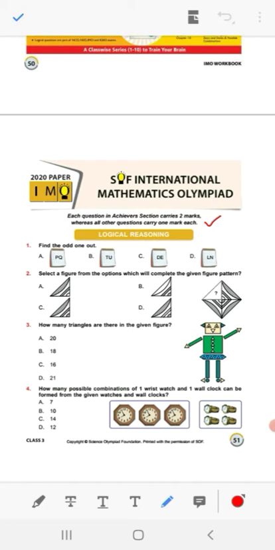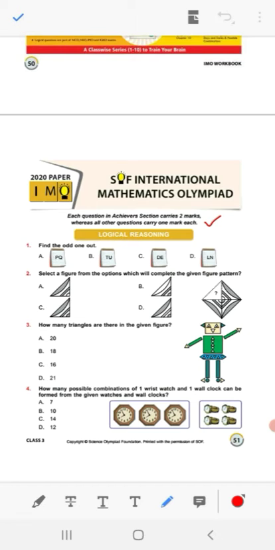Question number 1. Find the odd one out. You have to find the pair of letters among options A, B, C, D which is different from the others. In option A, there are letters P and Q, successive letters.